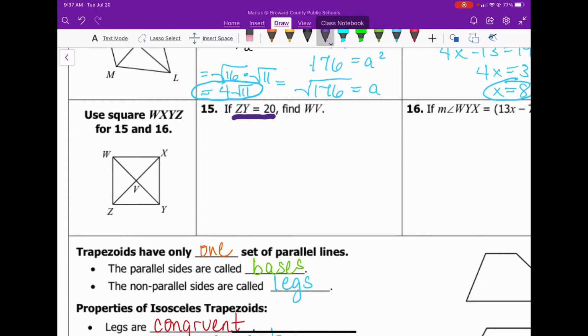ZY is right here. ZY is a side, just like any other. In a square, we know that all sides are congruent, so we know that all the other sides are also 20.